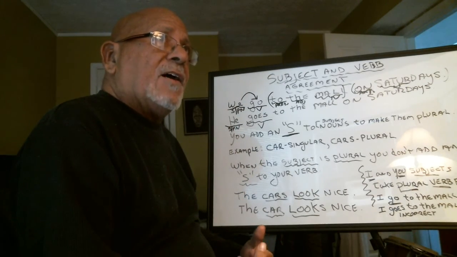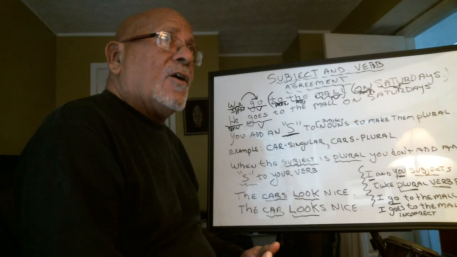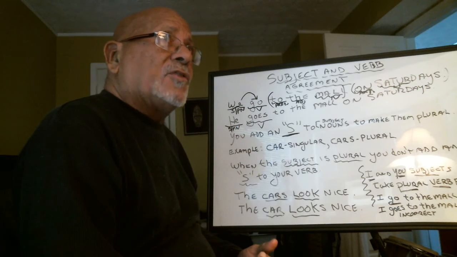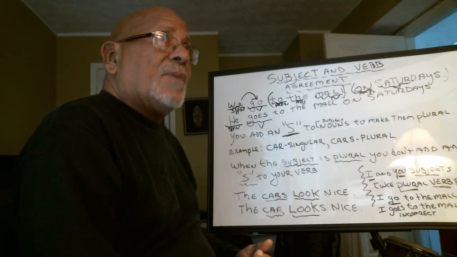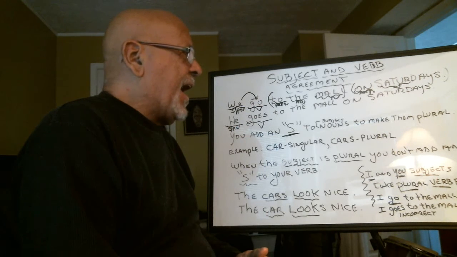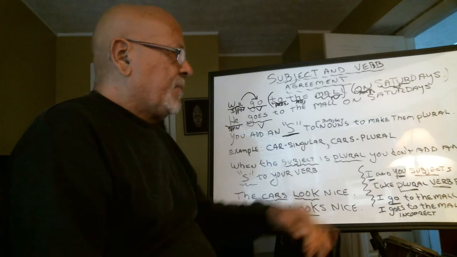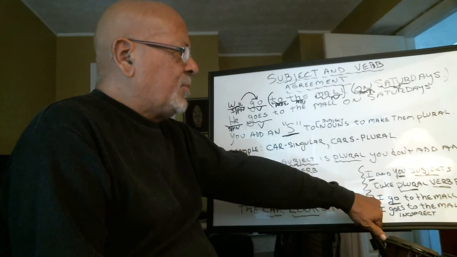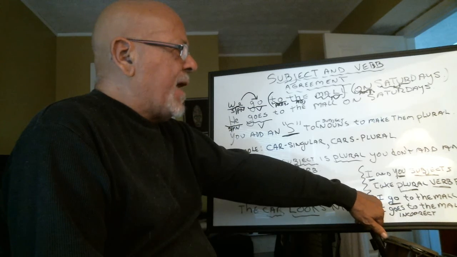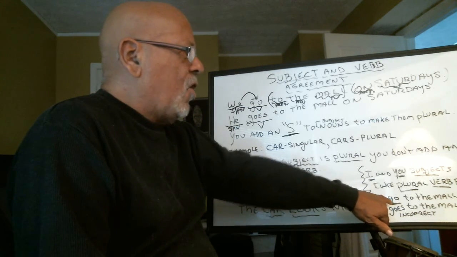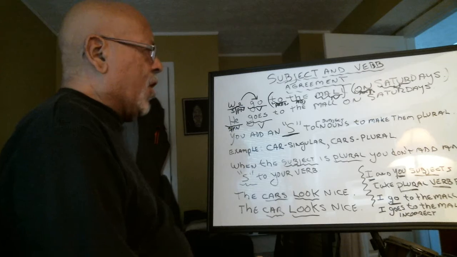I is singular, goes is also singular, but you don't say I goes to the mall. You say I go to the mall. I, subject, pronoun singular, go, verb, plural.